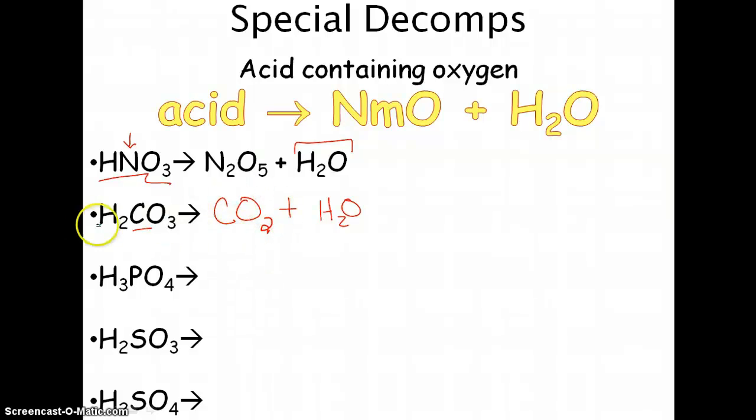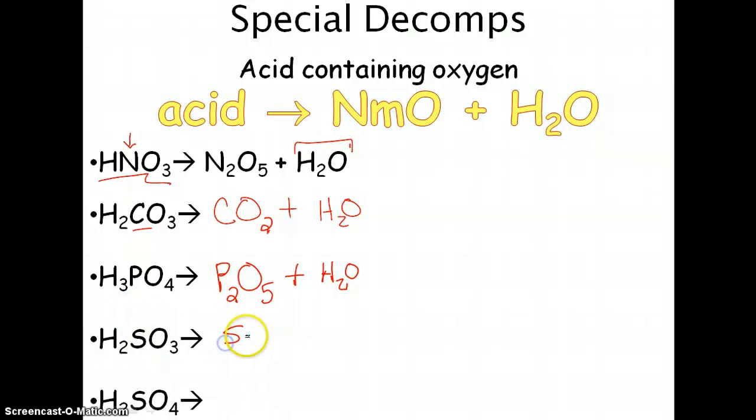So here from the carbonic acid, or H2CO3, you're going to get CO2 and H2O. All right, here's phosphoric acid. Phosphoric acid, again, another one you just kind of have to memorize, turns into P2O5, so that's the nonmetal oxide, and the H2O. All right, now this is sulfurous acid.